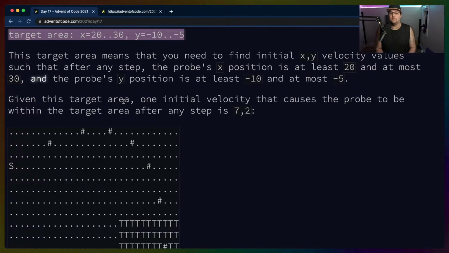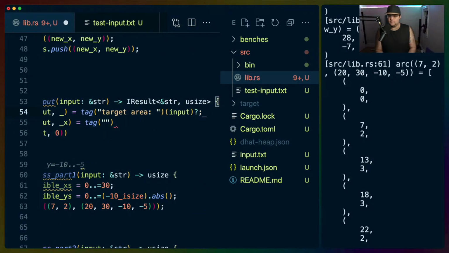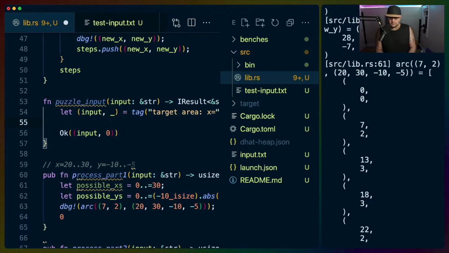And then we have x equals. X is always positive, right? So I guess this is technically x equals in this tag.